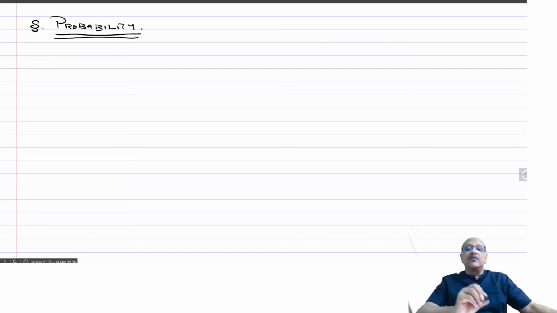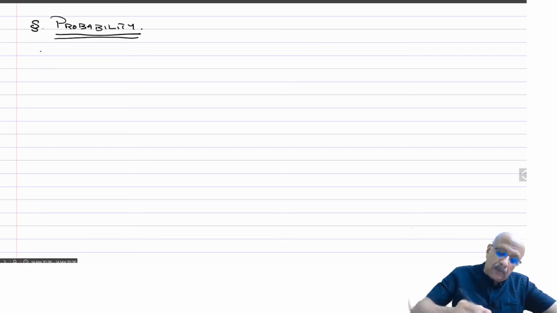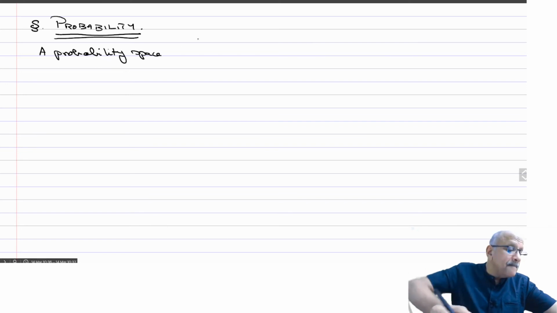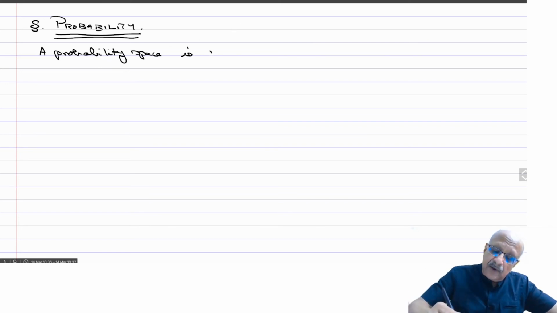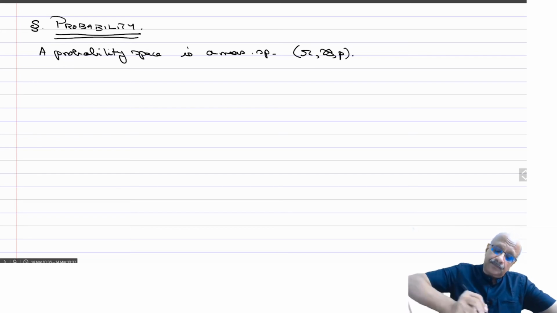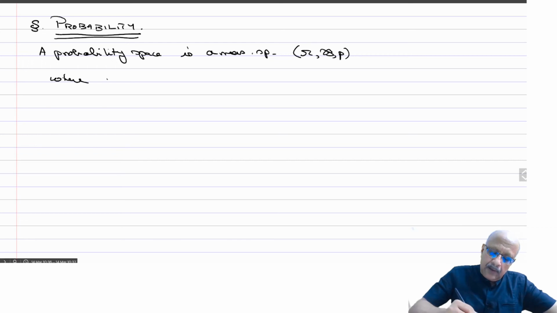So now finally I want to talk a little about probability theory. We will try to give a dictionary between measure theory and the theory of probability. So a probability space is a measure space (Omega, B, P), where P of Omega is 1.